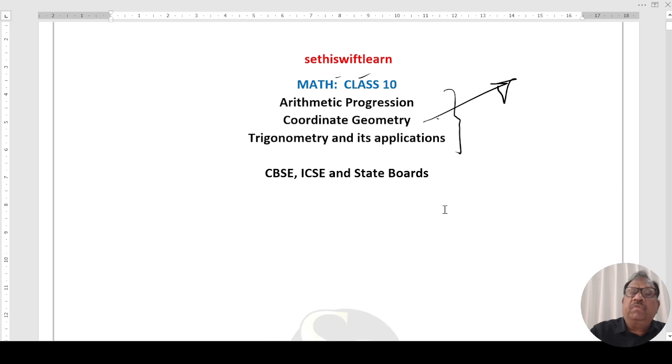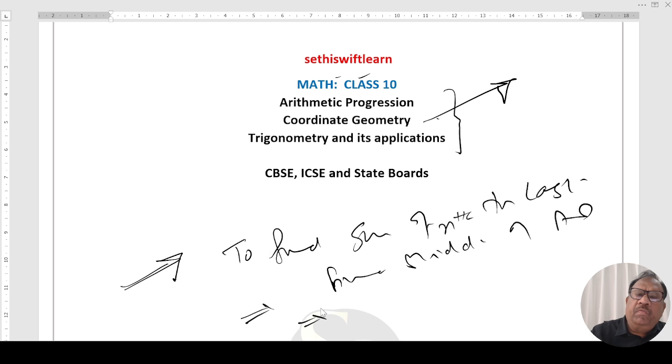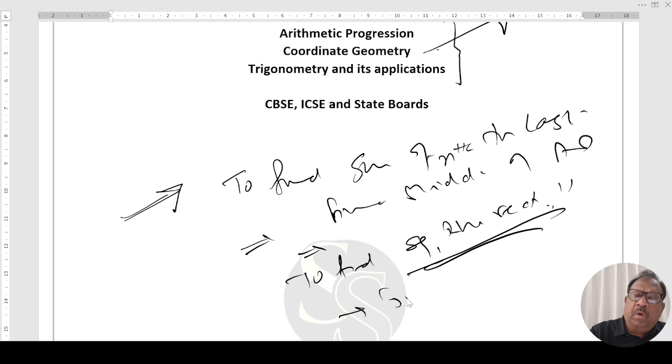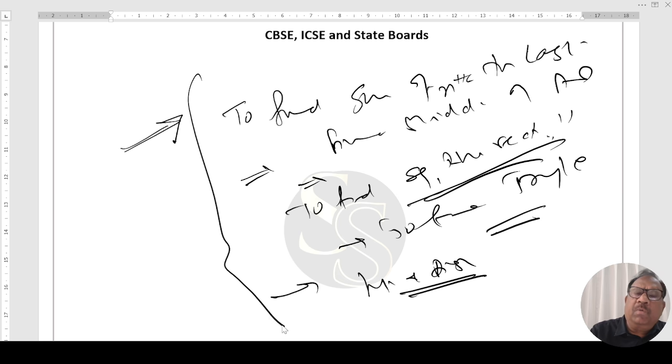In today's session we are going to discuss how to find the sum of n terms from last of an AP, find the middle term of an AP, identify a square, rhombus, rectangle or parallelogram, identify angle, triangle, height and distance, application of trigonometric questions, and more.